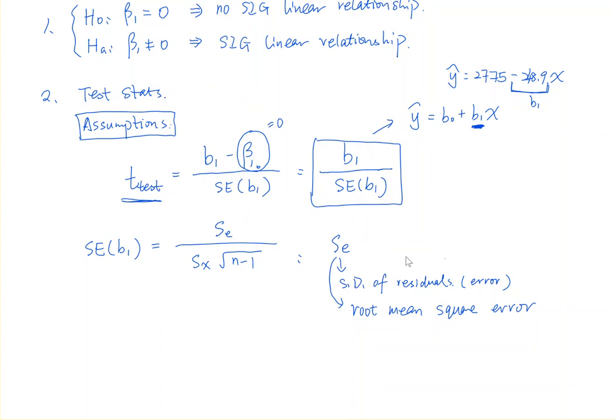Why do we have this name? We have the formula of SE, which equals the square root of the sum of (y minus y hat) squared divided by n minus 2. What is this? We remember y minus y hat is the residual, right? And then we have the residual squared. We also call the residual the error, so this term is the squared error.